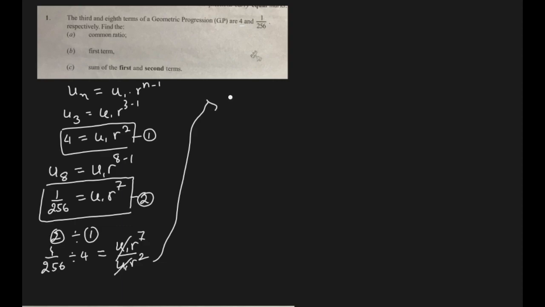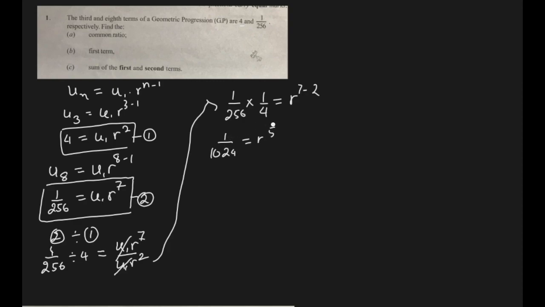Let's complete here. 1 over 256 multiplied by, the division becomes multiply, so the number after that gets reciprocated, equal to r to the power 7 minus 2. Yes, 7 minus 2, because their bases are the same, the exponents subtract. It will be 1 over 1024 on the left side and r to the power 5.